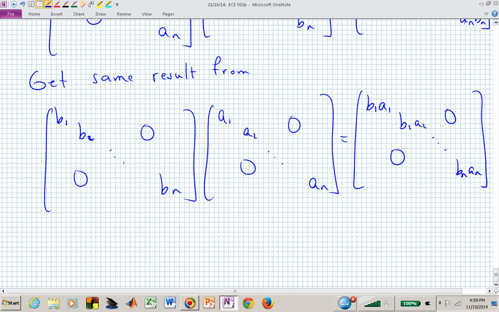A could be the matrix representation of T, B could be the matrix representation of T dagger. We've now shown that their matrix representations commute. Therefore, any two diagonal matrices commute.